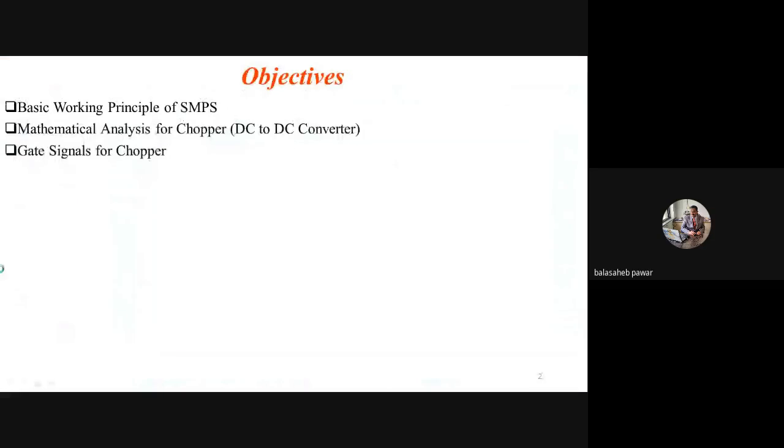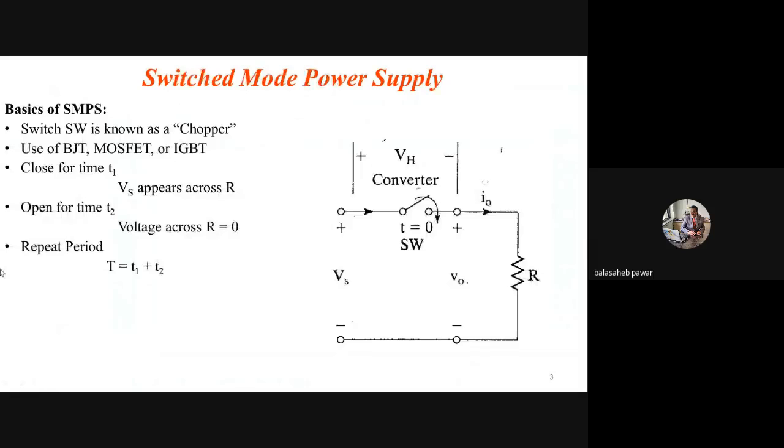See, the same things again I mentioned in this slide. You should be familiar with this word again, chopper. Whatever transistor we are using is also known as a chopper. So this switch is either a MOSFET or BJT. Here I mentioned all three types: BJT, MOSFET or IGBT.